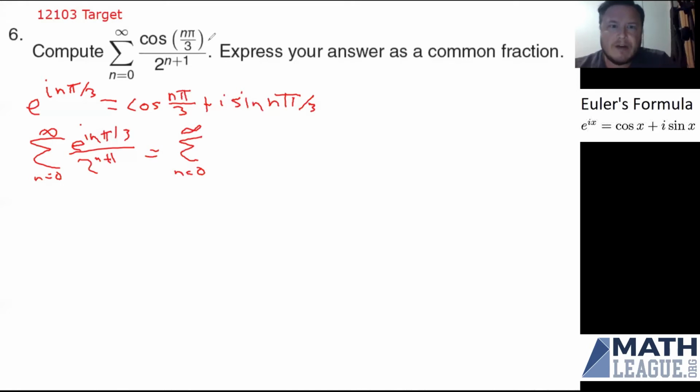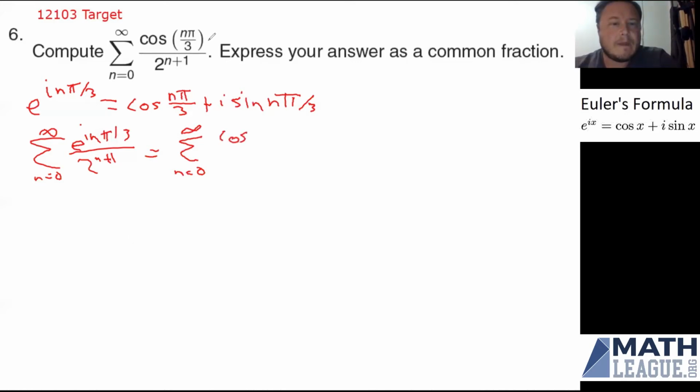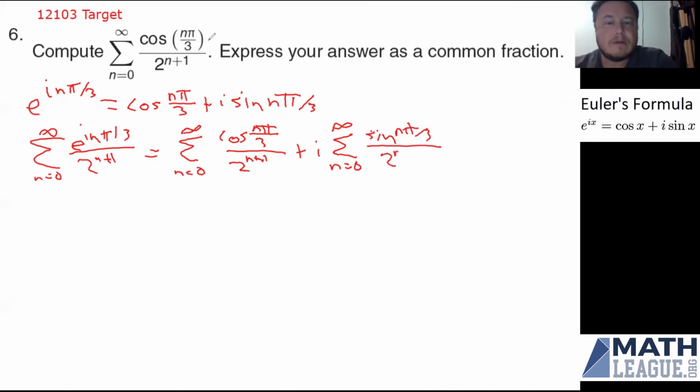The thing is, because we're adding two things, I can actually split it out into two different sums. On the one hand, I've got the cosine of n pi over 3 divided by 2 to the n plus 1, plus i times, and I can pull the i out in front of the summation because it does not have anything to do with the n, so I can factor it like this: sine of n pi over 3 divided by 2 to the n plus 1.